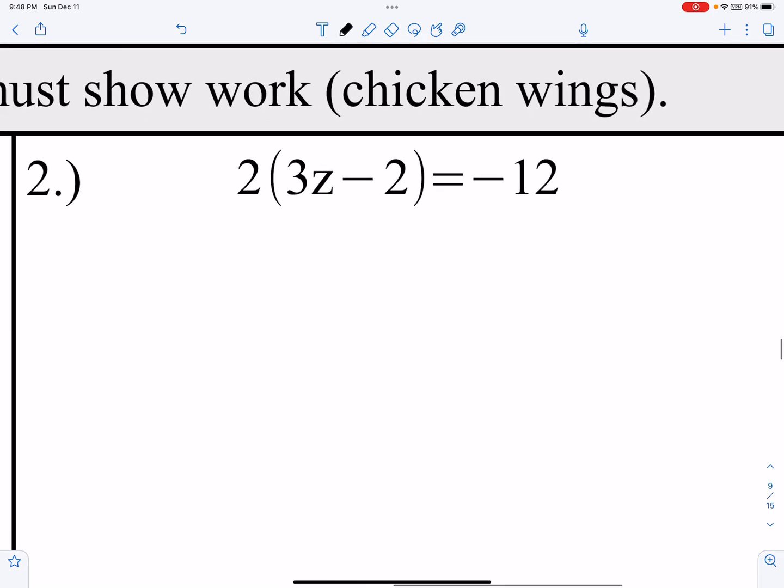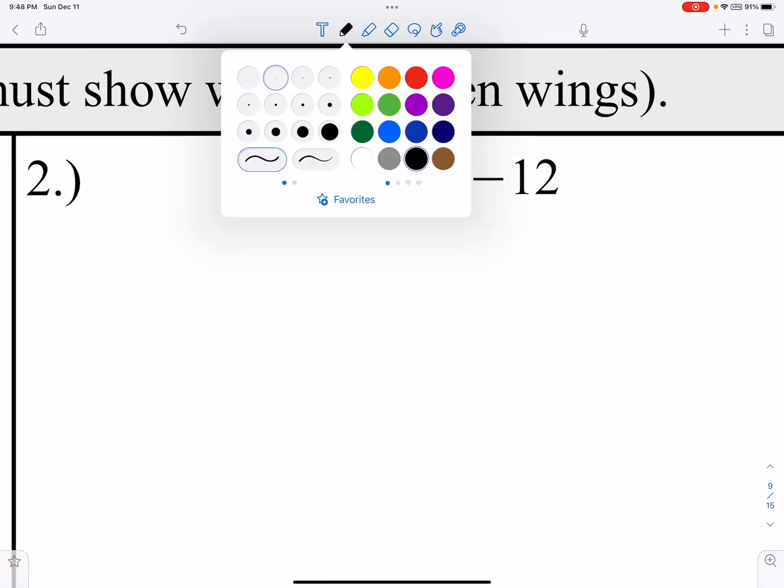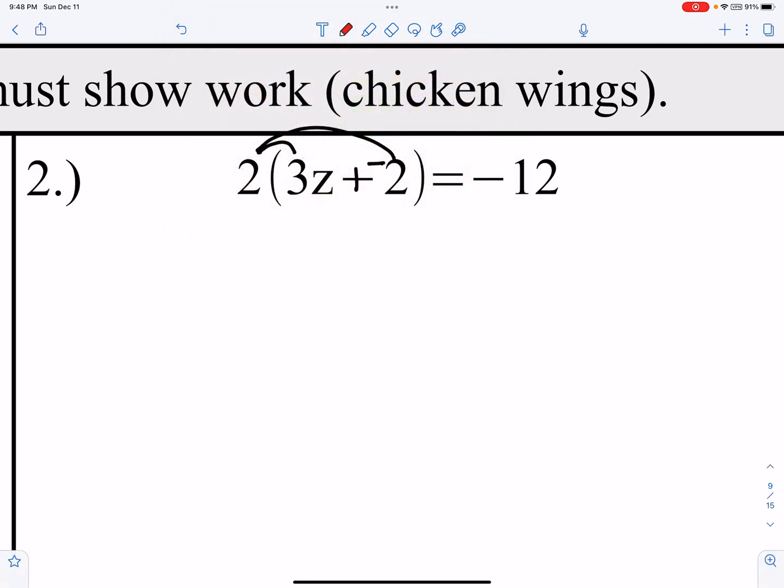I see that I have a distributive property available to me. So I'm going to take care of that first. I am going to KFC that as well. All right, and let's go ahead and distribute that too. So we end up with a 6z plus 2 times a negative 2 is a negative 4 equals negative 12.